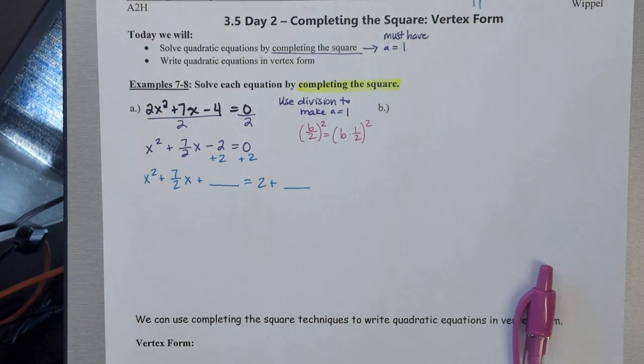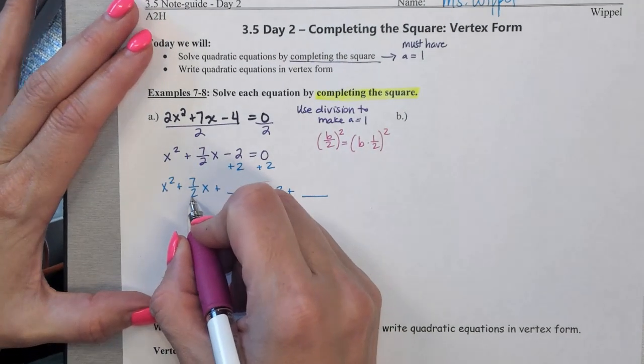Whether I take 8 and divide it by 2, or multiply 1/2 times 8, both cases I'm going to get 4. So if you have a fraction, it's a lot easier to think of this as multiplication. So that's what we're going to do whenever we have a non-integer here.